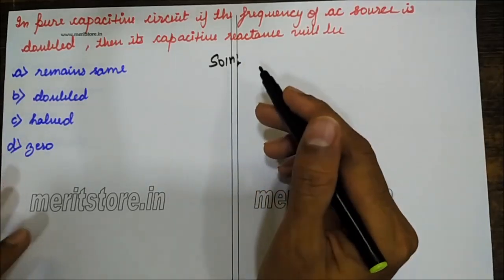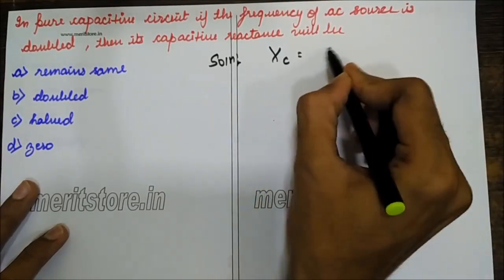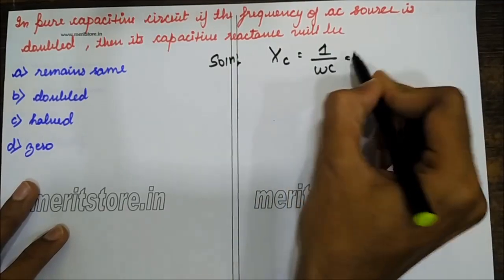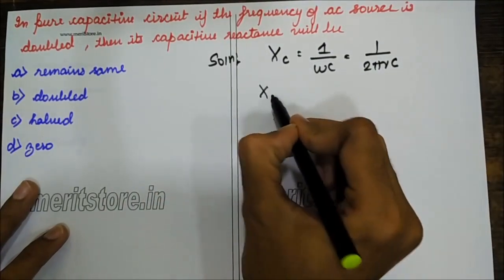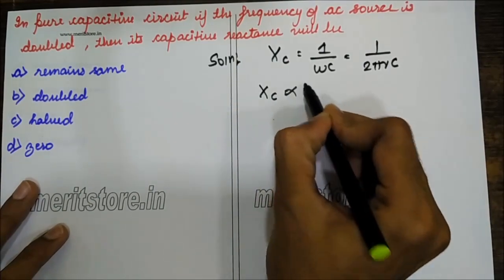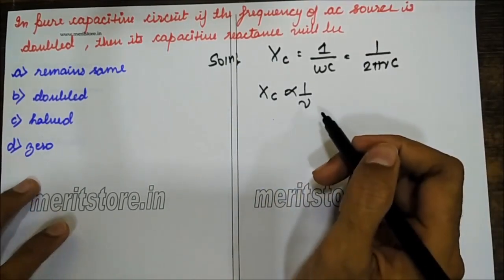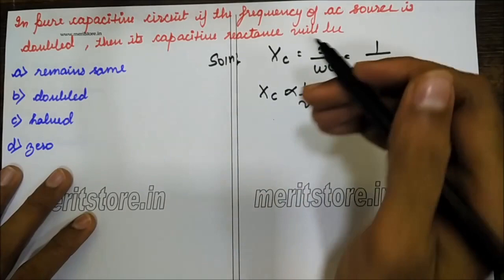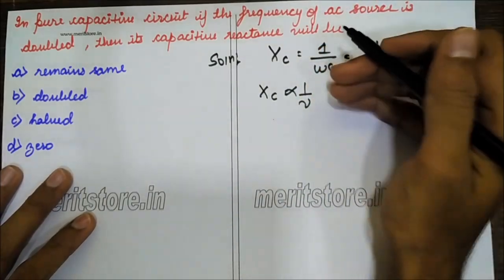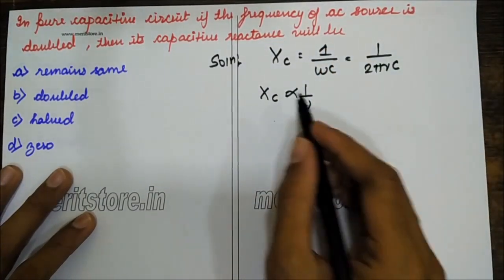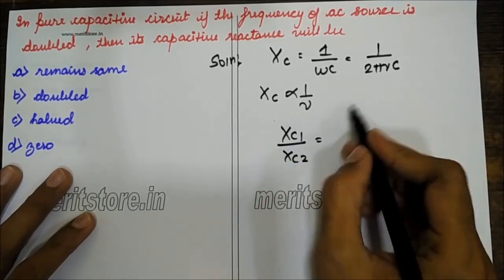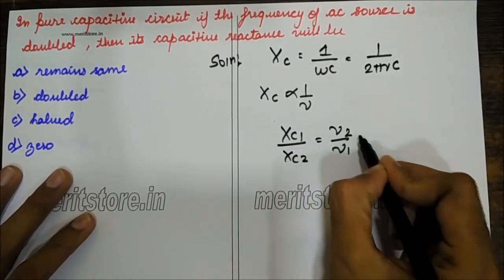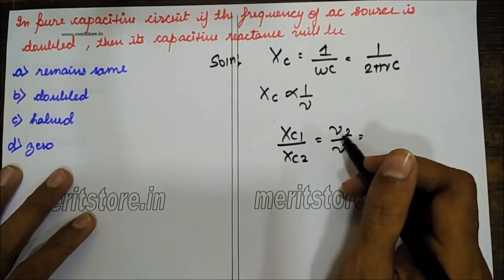The capacitive reactance is given by XC, which is nothing but 1 upon omega C, and that omega has a value of 2 pi mu C. So the relation of this capacitive reactance with the frequency is that it is inversely proportional. So if we have two capacitances, one with a single frequency and one whose frequency is double, then XC1 upon XC2 is nothing but mu2 upon mu1, because they are inversely proportional.